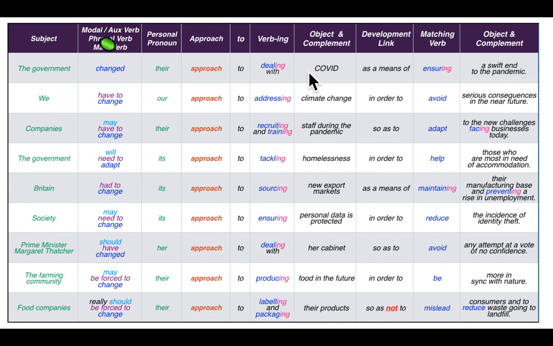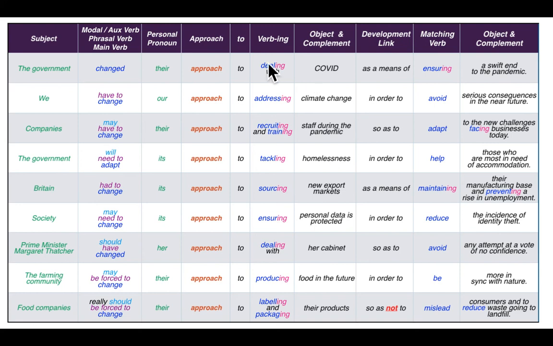So the government changed their approach to dealing with COVID as a means of ensuring a swift end to the pandemic. We have to change our approach to addressing climate change in order to avoid serious consequences in the near future. Companies may have to change their approach to recruiting and training staff during the pandemic so as to adapt to the new challenges facing businesses today.